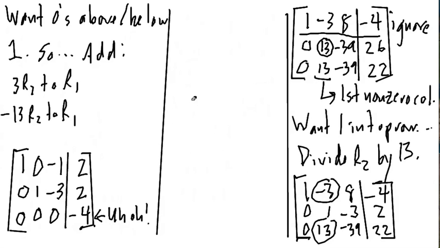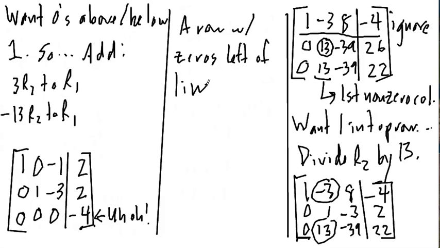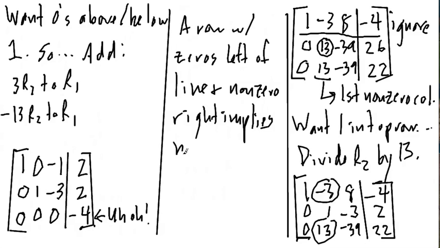If you want to, it's a good exercise for you to sit down and actually complete the elimination process and get this down to reduced form. But anyways, a row with zeros left of the bar and a non-zero number to the right of the bar implies no solutions.